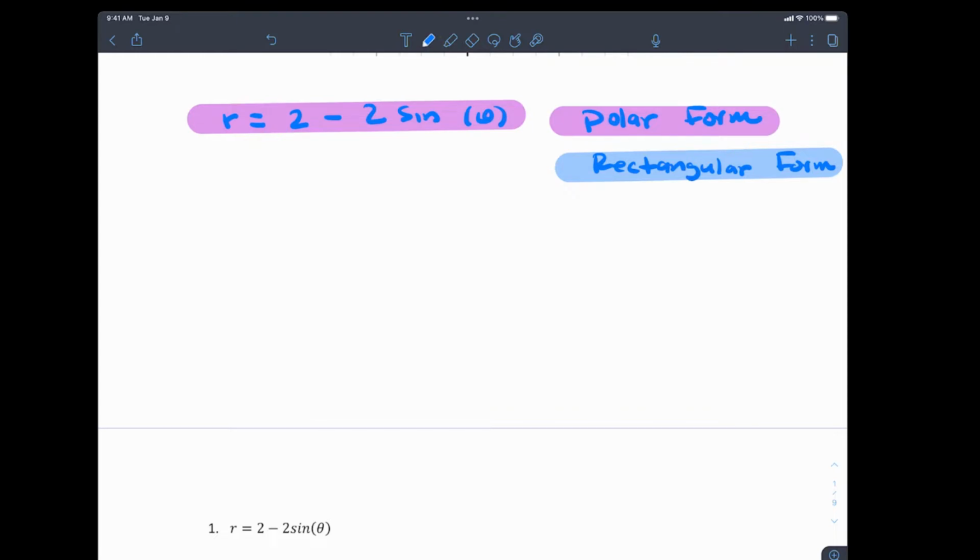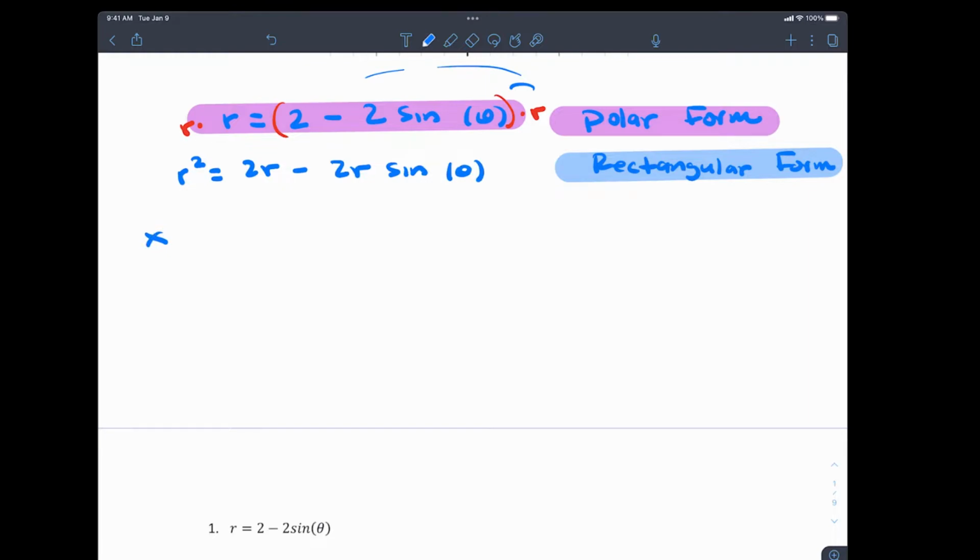So you're going to multiply r to both sides again, right? So you say, do I multiply r to both sides like you did for the circles? Yes. That's the key. The key is multiplying r to both sides. Yes, you have to distribute. So you now get r squared equals 2r minus what? 2r sine theta. Right? When you multiply r to both sides and then you distribute this. Okay, what do you do with this r squared?